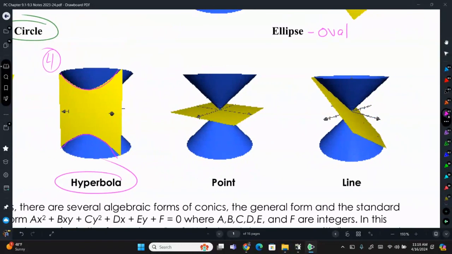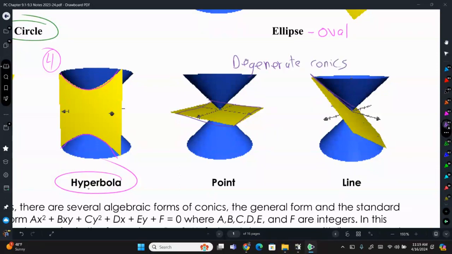Now, if our plane intersects at just one point or intersects at just one line, those are called degenerate conics.